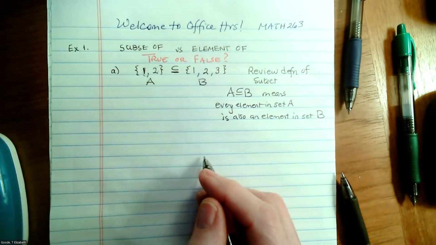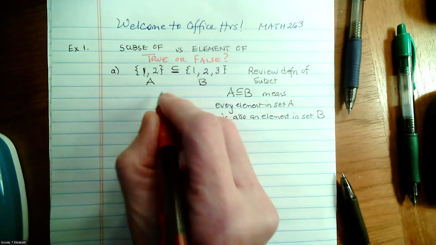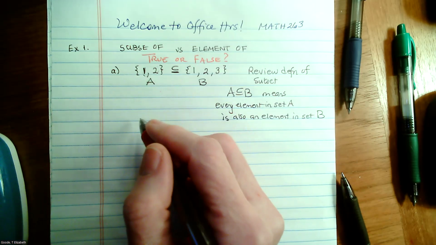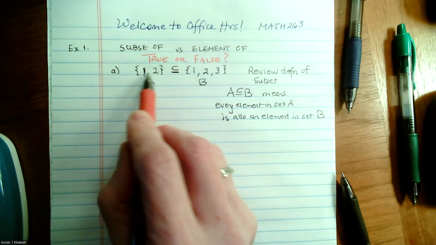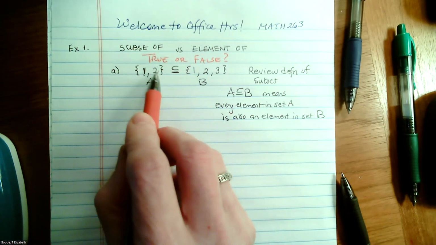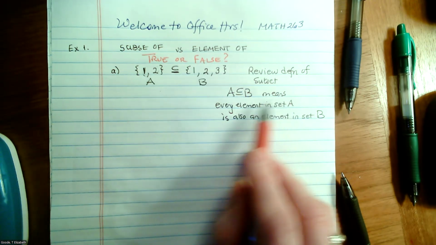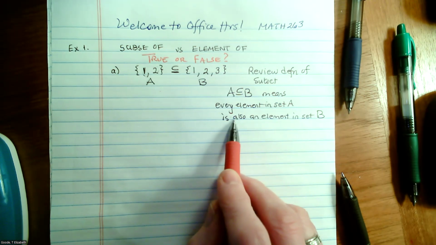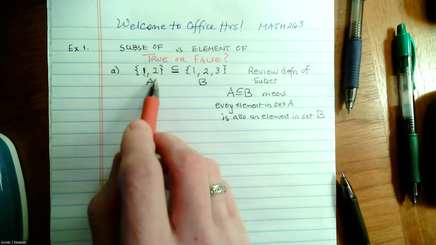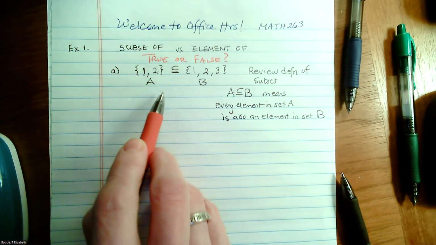It's false. Why would you say it's false? All the elements in A, namely 1 and 2, are also in B. The definition of subset means every element in A is also an element in B. So, how about the 3?